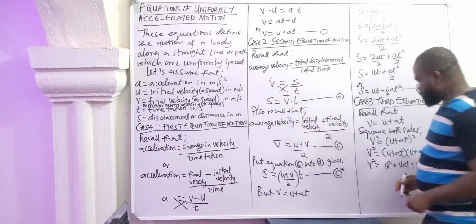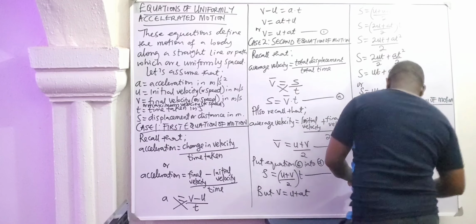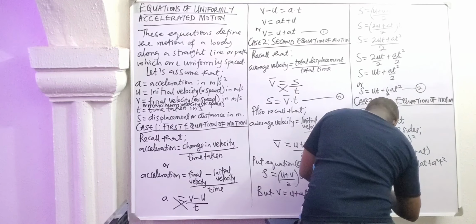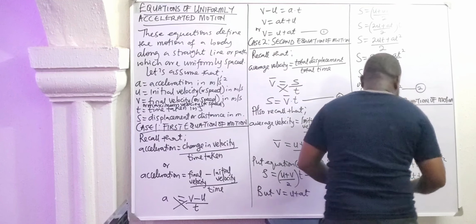If you check, this UAT and UAT are similar. This is 1, this is 1. We bring them together, it becomes 2UAT. So I have V square is equal to U square plus 2UAT plus A square T square.